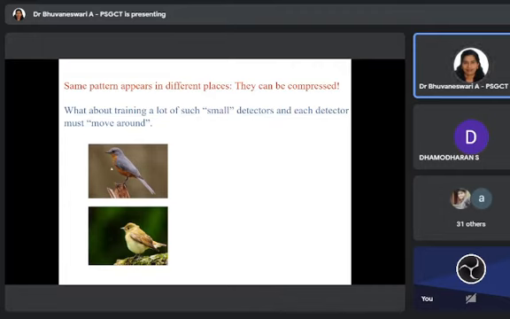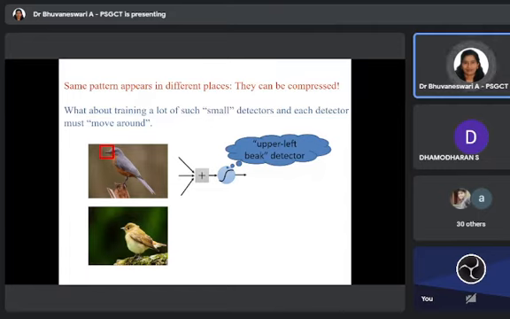So the location may differ. The detectors cannot be exactly specified. So the location is here for the first image, so you have to go for the upper left beak detector. The activation function should be for detecting the upper left beak.